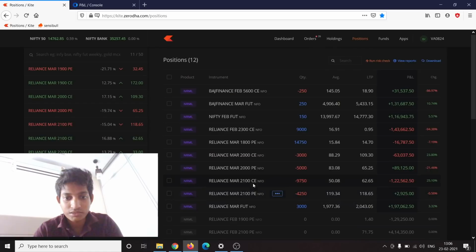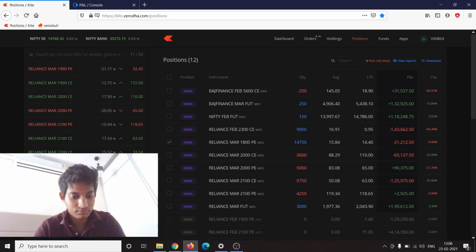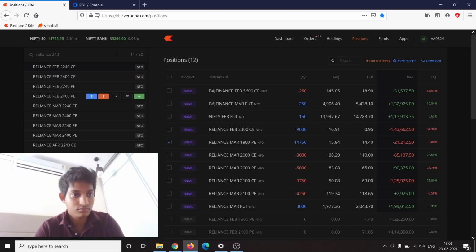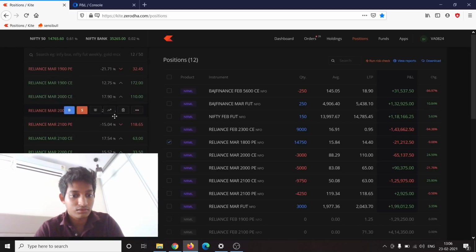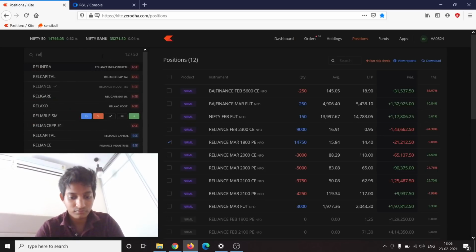So now we have March, everything in March except for the call side hedge. So we remove the call side hedge as well. On this account, I don't have the TOTP, so I don't think it'll let me move to 2400.